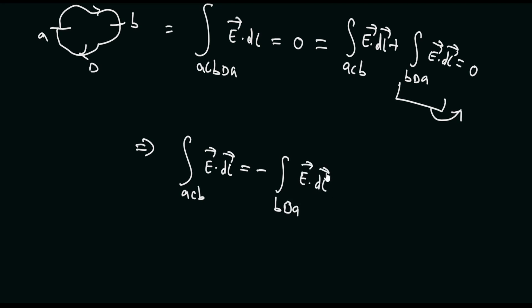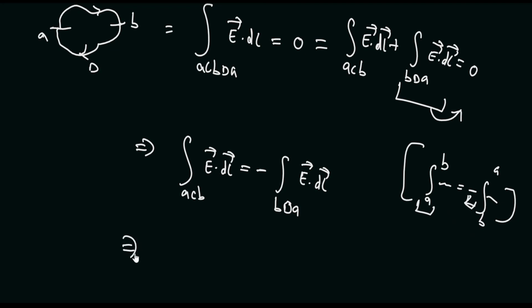Now we know that if we have the integral from A to B of some integrand, then it will be equal to minus the integral from B to A of the same integrand. That is, changing the limits puts a minus sign in front. Therefore, we will have the integral A C B of E dot dl is equal to, we will reverse the order, the integral A D B of E dot dl.